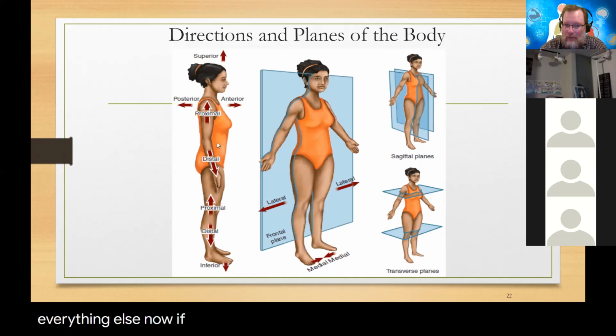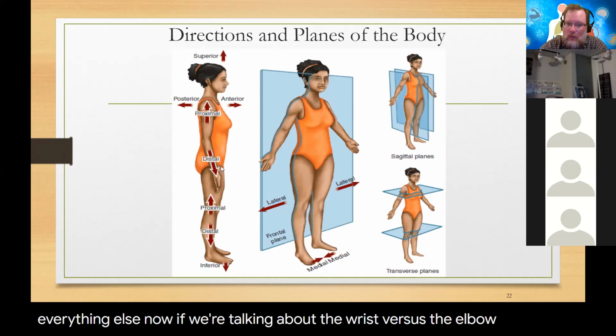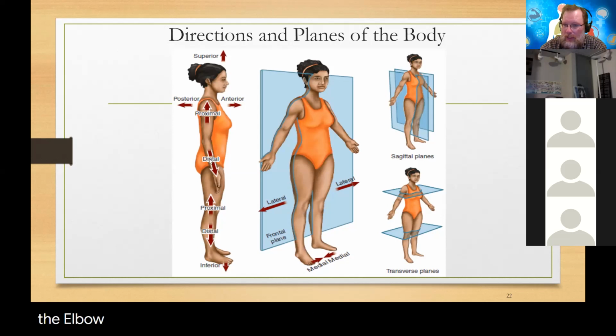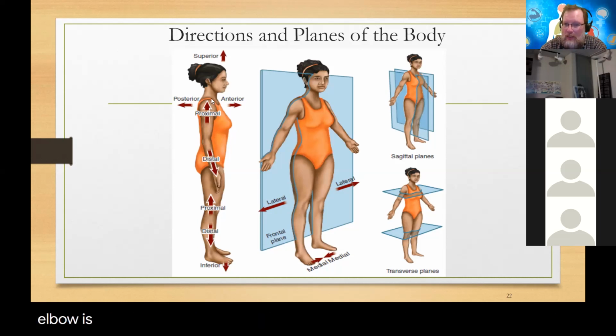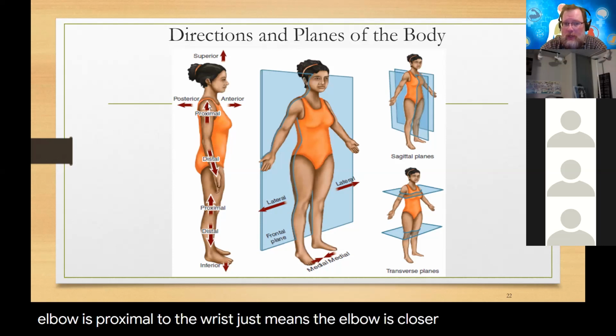Now, if we're talking about the wrist versus the elbow, we could say the wrist is distal to the elbow. That just means the wrist is further from the shoulder than the elbow is. Okay, we can reverse it and say the elbow is what to the wrist? We would say the elbow is proximal to the wrist. It just means the elbow is closer to the shoulder than the wrist is.